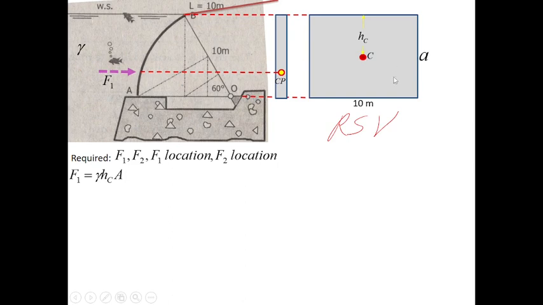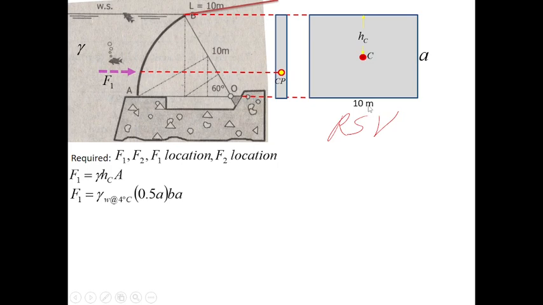Then the area, and also the area of this right side view plane. Ano yung area niyan? Area ng rectangle. So, that is simply BA.